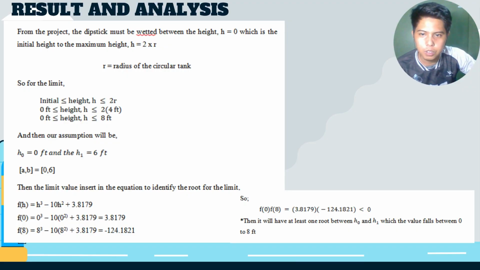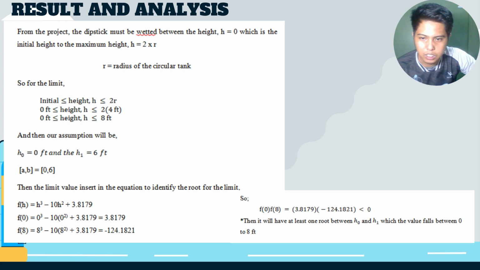So first of all, for result and analysis from the project, the dipstick must be wetted between the initial height, which is 0, and the maximum height of the circular tank, which is 8 feet. So for the limit, we determine that the initial value of the height is 0 and the maximum value is 2 times the radius of the circular tank, which is 2 times 4, equal to 8. So our limit is between 0 to 8 feet.